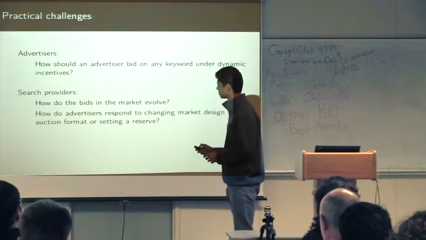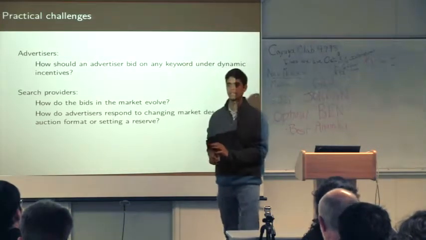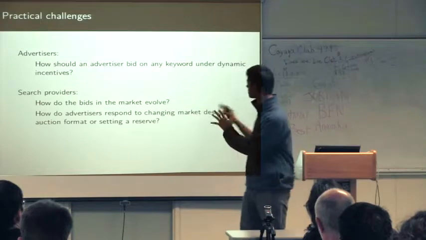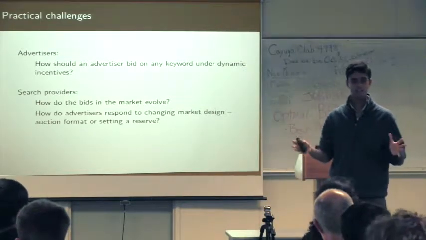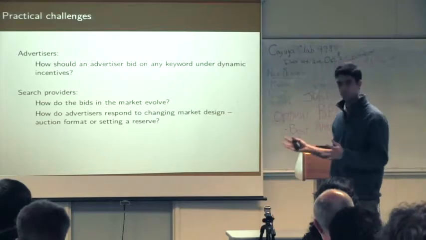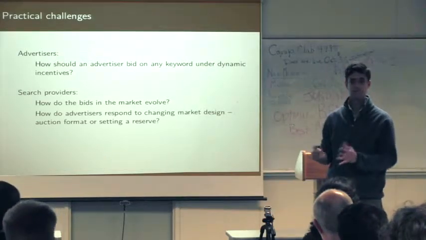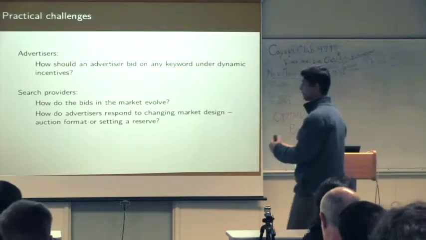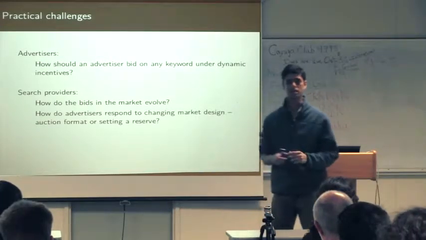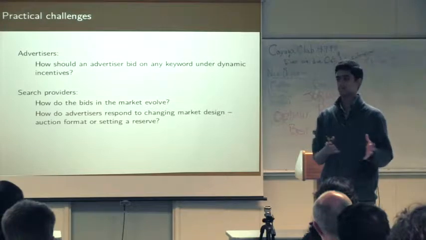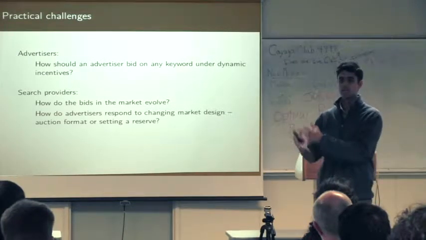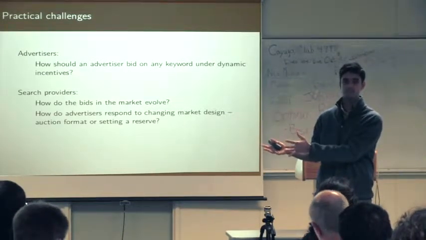The point I want to make in this talk is that if you analyze this problem using the usual game theory techniques, it is a very difficult problem and becomes really challenging. It becomes intractable, and even if you are able to find an equilibrium, it's very hard to say that it is an equilibrium that matches how advertisers actually behave in practice.